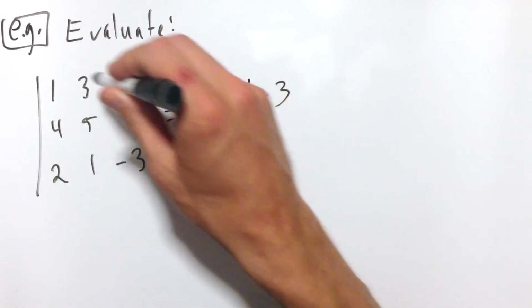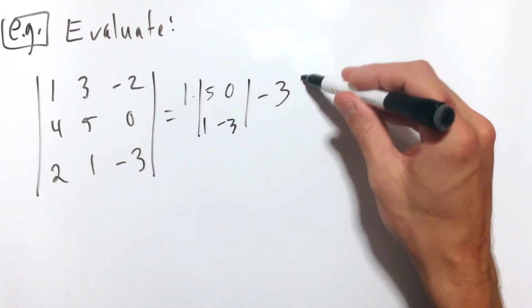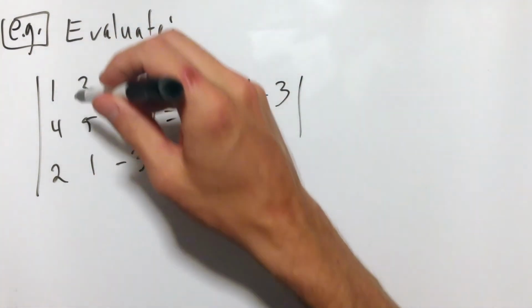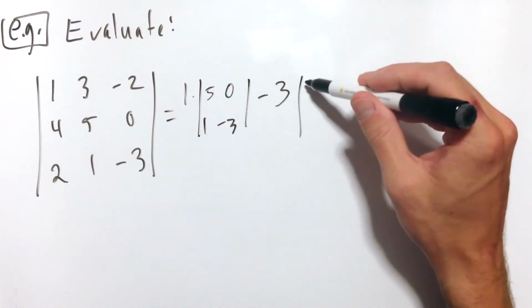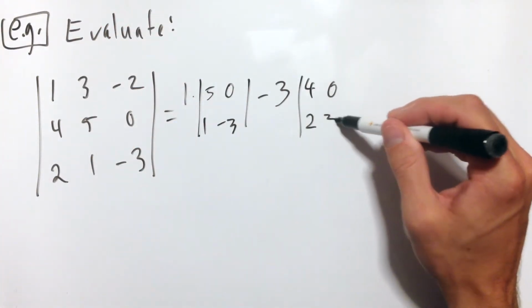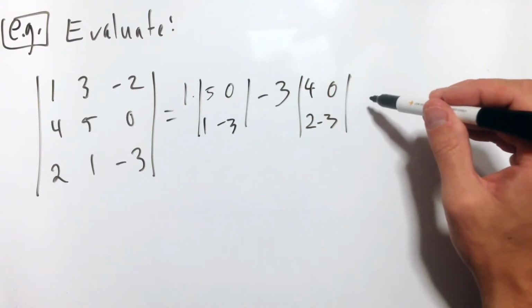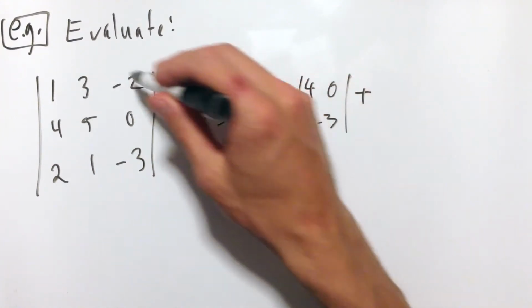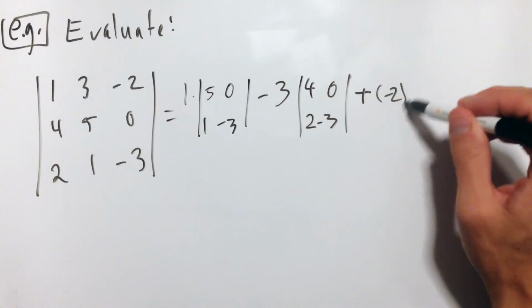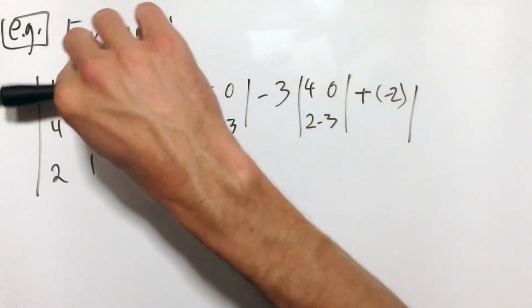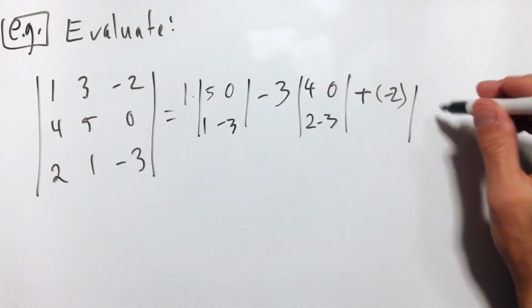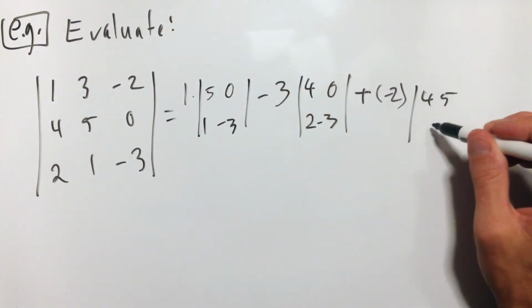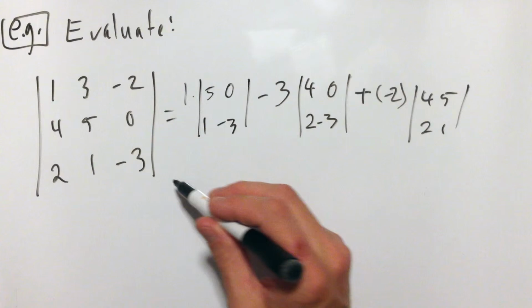Now subtract the next entry in the first row and multiply that by the 2 by 2 determinant, ignoring the first row and the second column. We get 4, 0, 2, negative 3. And then finally I add the last entry in the top row, which is negative 2, times the 2 by 2 determinant you get by ignoring the first row, last column, which is 4, 5, 2, 1.